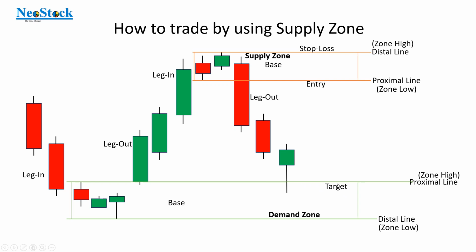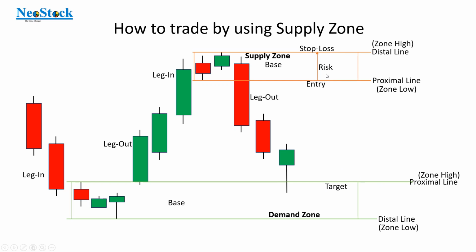It's almost similar to the demand zone, but it is reversed here. The parameters are reversed. So the proximal line of the supply zone is the entry, the distal line of the supply zone is the stop loss, and again the proximal line of the demand zone is the target.